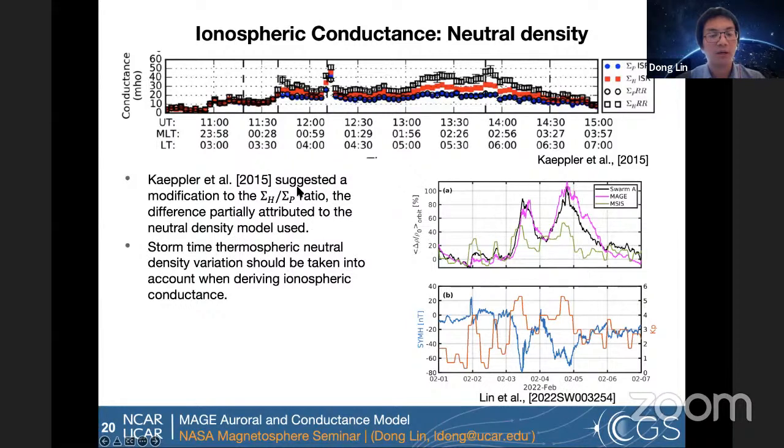So this is just to tell you the neutral density profile matters in getting the correct conductivity. And most importantly, when we talk about geomagnetic storms, the actual neutral density profile can deviate from what an empirical model like MSIS suggests. This is our recent work on the SpaceX storm, where you can see the MSIS profile of neutral density is very different from what the Swarm data and what the model suggests. So this is another important factor to be considered.